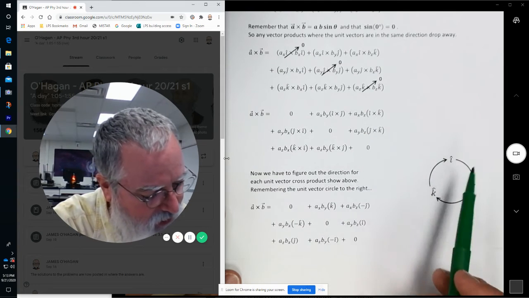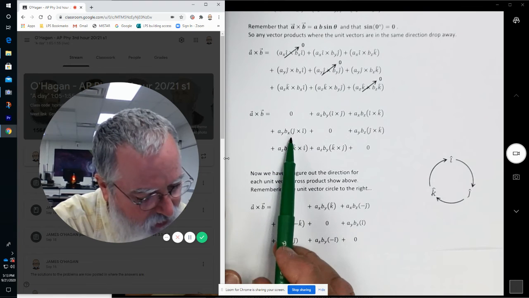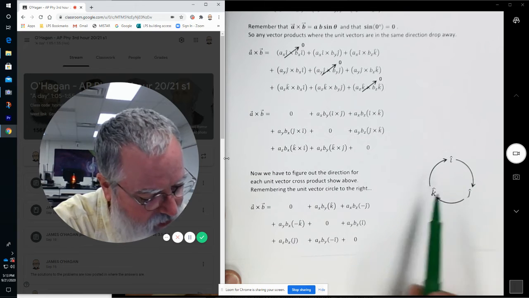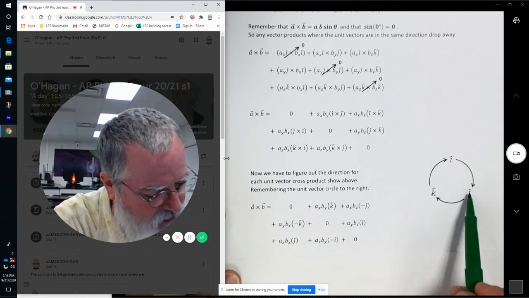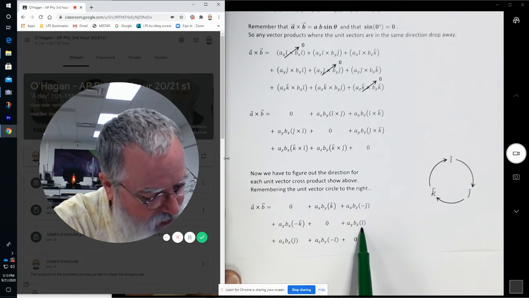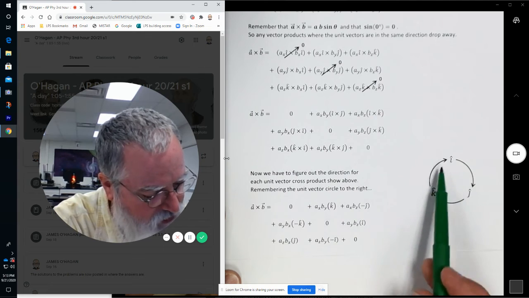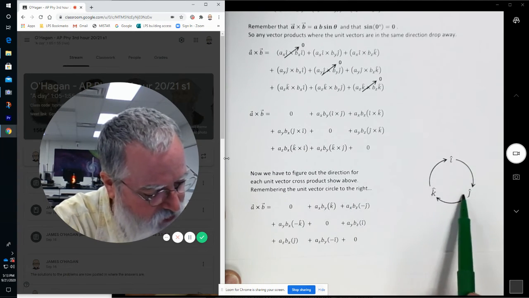I cross K is minus J. Here's our next one. I'm just going to pull this one down here. J cross I. I'm going backwards around it, minus K. There's my minus K. Here's my next one. J cross K is going to be I. Oh, look, that's an I. And what do I got here? K cross I, that's going to be J. And K cross J, that's going to be minus I.